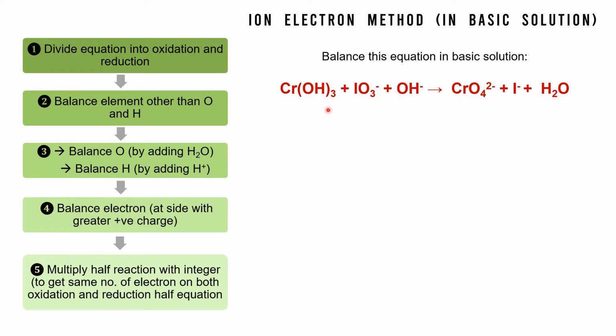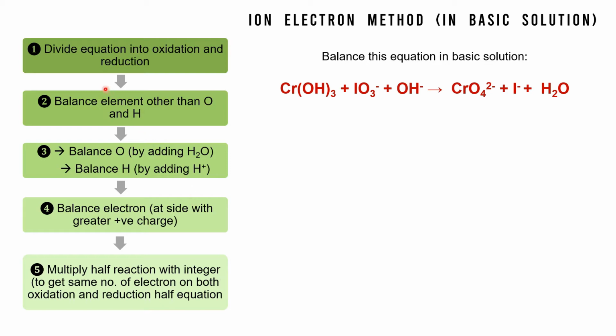In this example, we are going to balance this chemical equation by using the ion electron method, but this time it is in basic solution. So here are some of the steps, and if you can see, those steps are actually the same steps that we use in balancing equations in acidic solution, as in the previous slides.